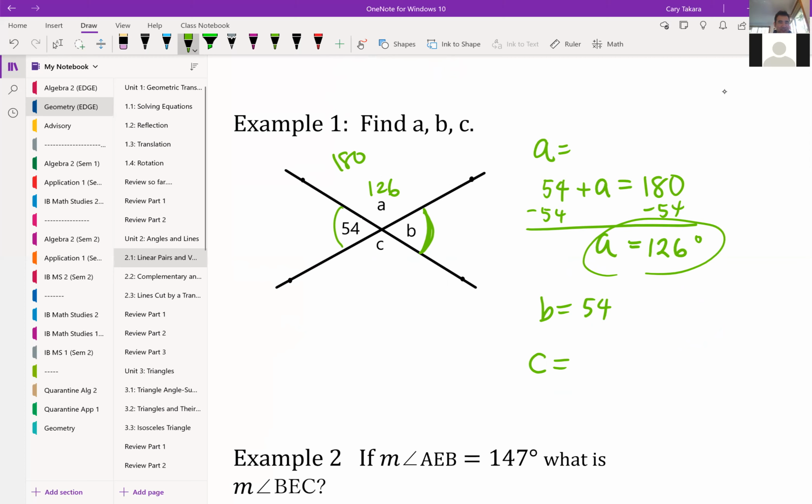What is C going to be? B is 54 and C is going to be 126. Great job, Elizabeth. Again, opposite angles are the same, and those are called vertical angles. So 54, 54, they are the same. 126, 126, they're going to be the same. Okay?